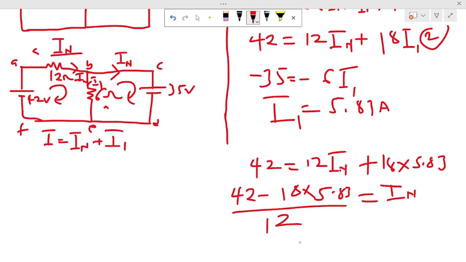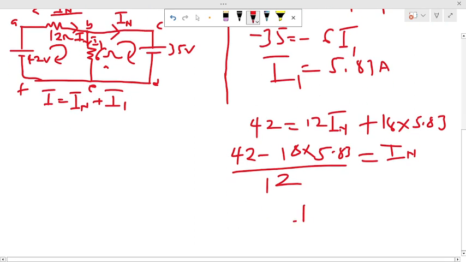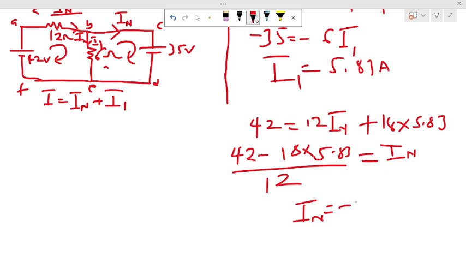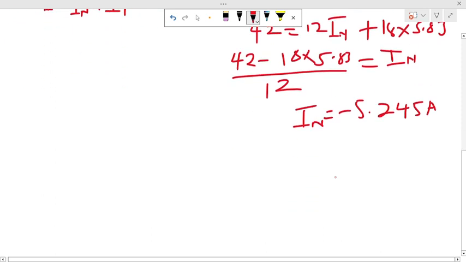So we are going to get the Norton's current to be negative 5.245 ampere. Now we are done with finding the Norton's current.